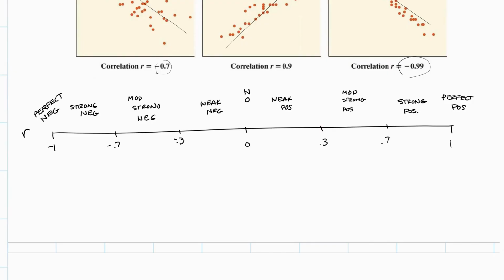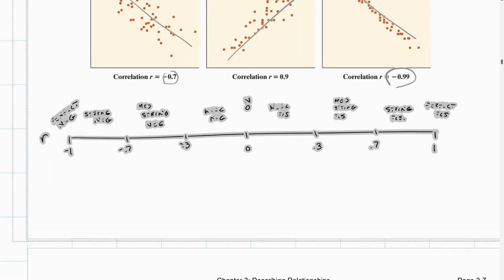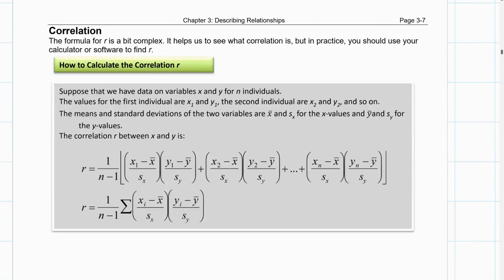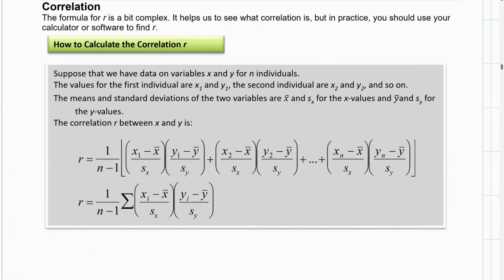Now you may ask, well, how is this correlation calculated? Well, here's the formula. It looks really complex, but let's just dive in to see what we can see. First of all, there's our R. That's the letter that we use for correlation.